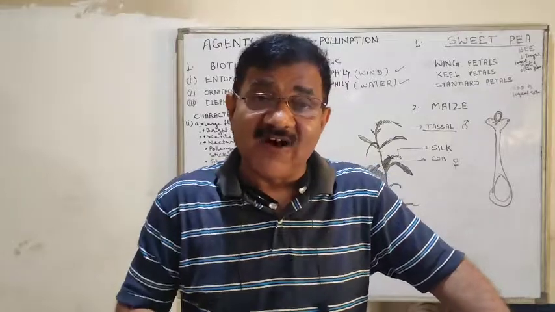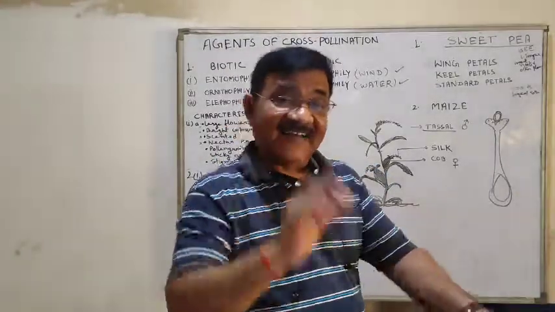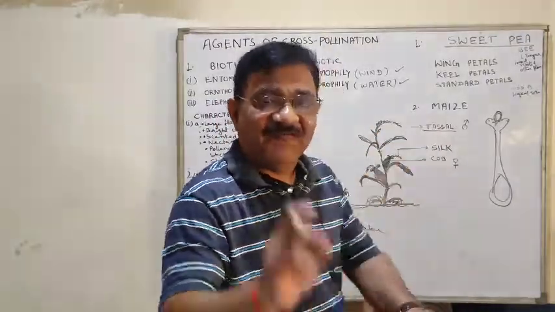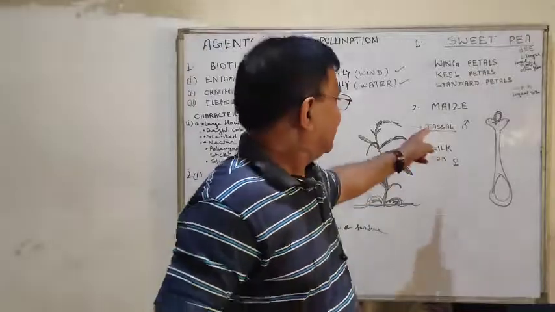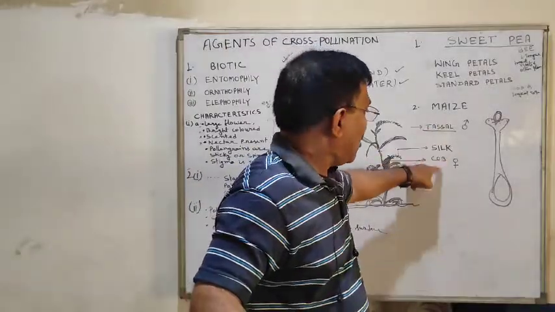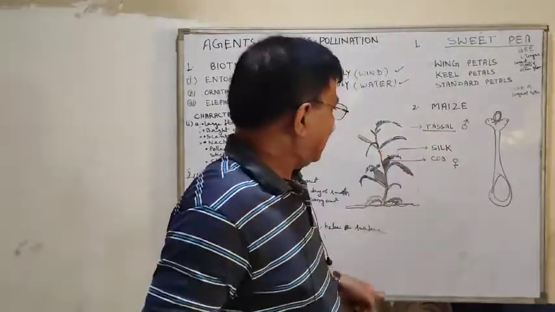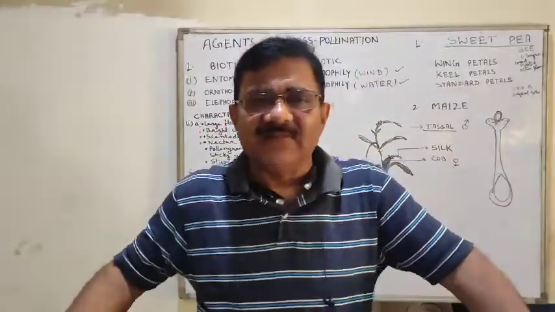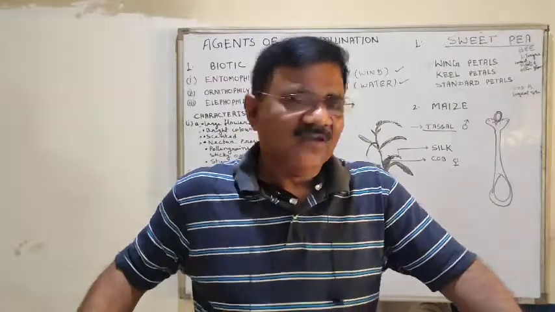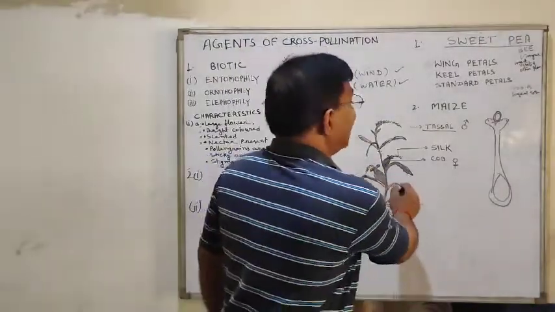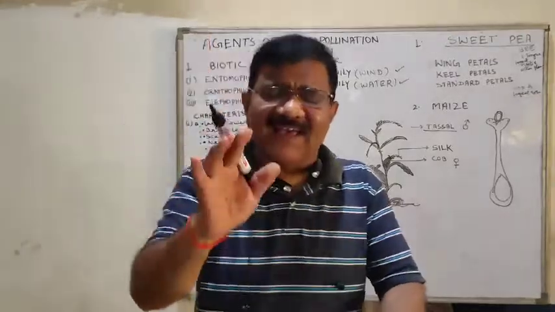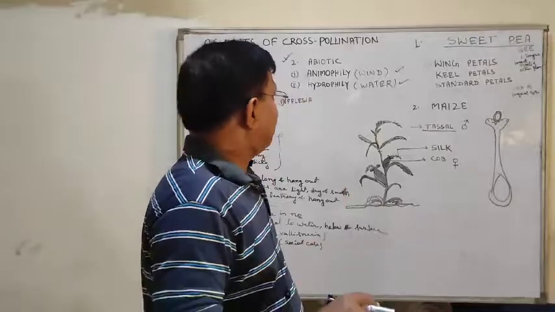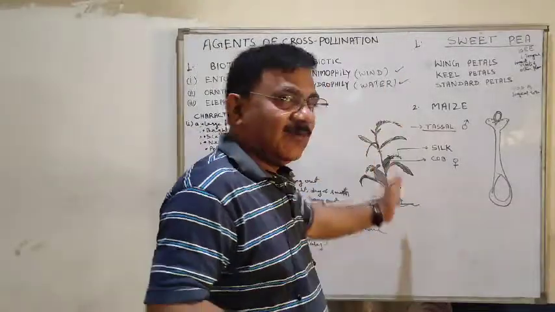That will be the odd one out, and to write the category to which the others belong, the others are parts of the maize plant. Tassel is the male part, cob is the female part, and silk is the hair which comes out from the cob. So, maize is a very good example of a flower pollinated with the help of wind, that means an anemophilous flower.